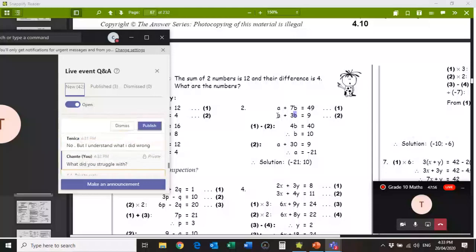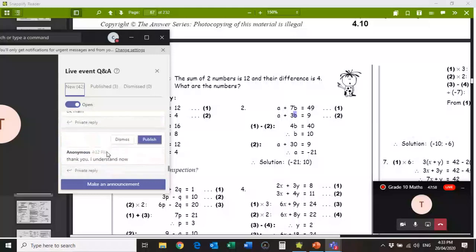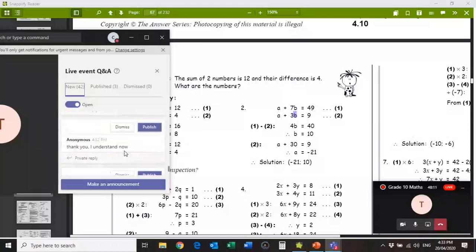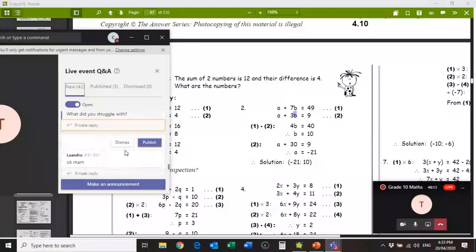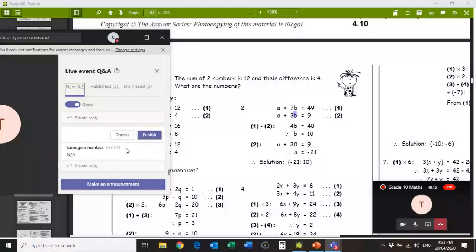Do you want me to explain number 2 again quickly? Do you guys want me to explain number 2 again? Not applicable. Come on, what does not applicable mean? If you want me to explain to you again, I can quickly go through it slowly.